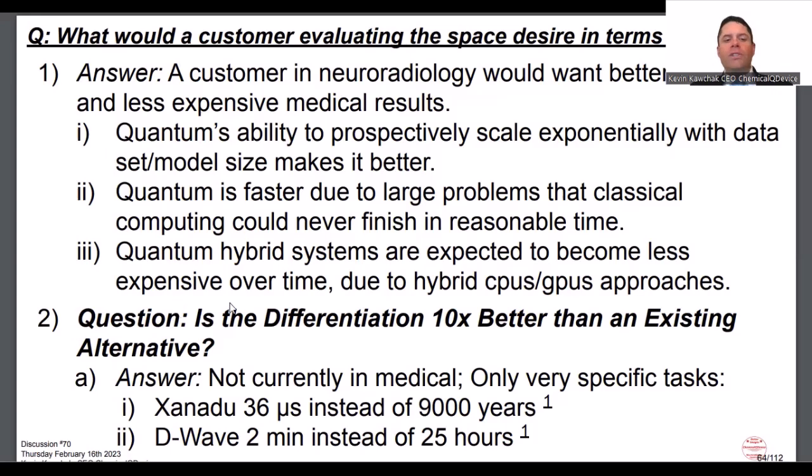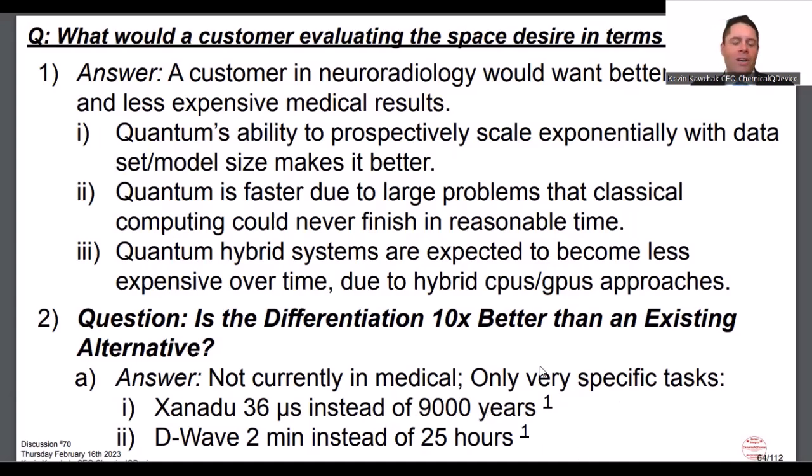So the question is, is the differentiation 10 times better than an existing alternative? The answer is not currently in medical, only for very specific tasks. If you remember the June 1st, 2022 Xanadu photonics computer, 36 microseconds instead of 9,000 years. If you take 36 microseconds, which is 0.000036 seconds, times 10, you won't get anywhere close to 9,000 years.